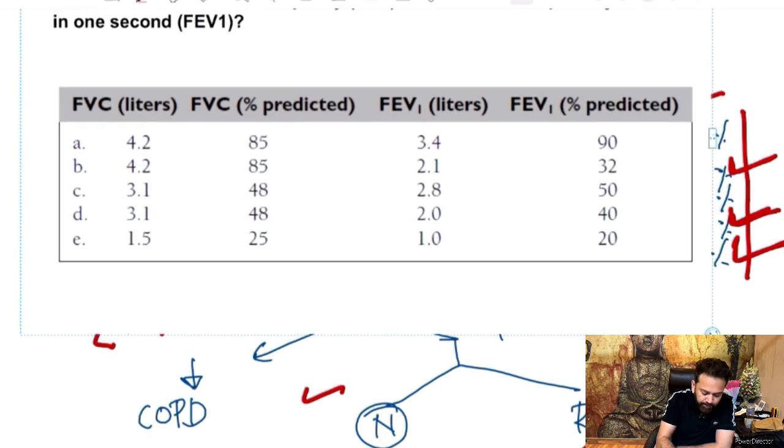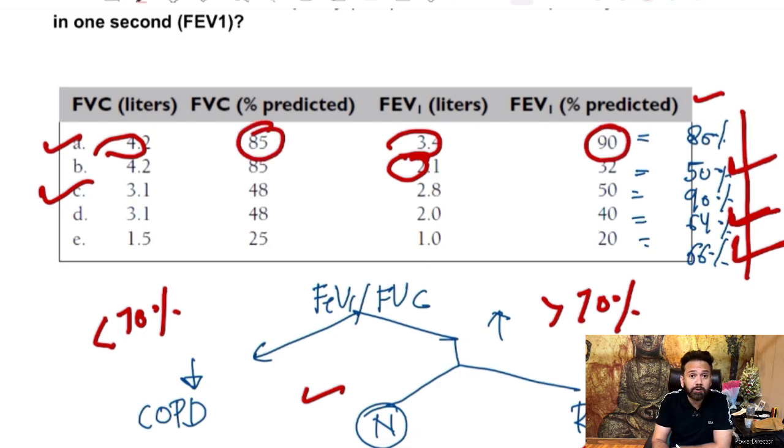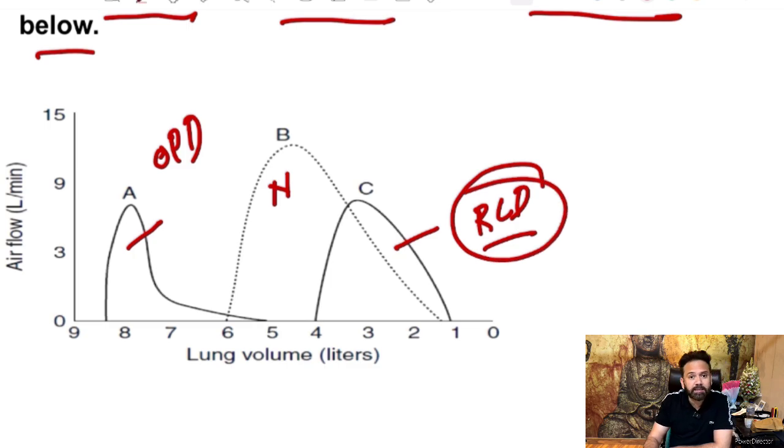Now A and C can be RLD as well as can be normal. Now in A, if you see, FEV1 is 90% of predicted, FVC is 85% of predicted, so a good value. But in C, we can see FEV1 is only 50% of predicted, FVC is only 48% of predicted, so C can be RLD. So answer will be what? They are asking about this curve, so answer will be C.